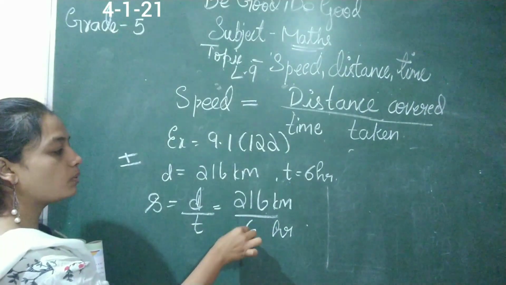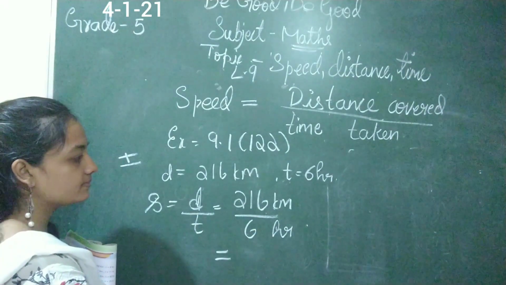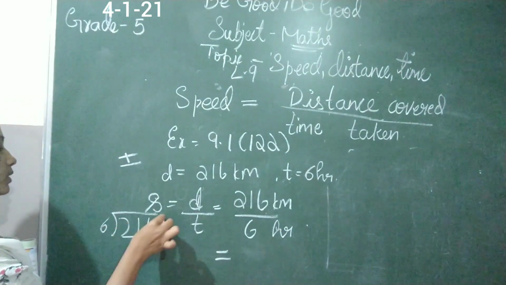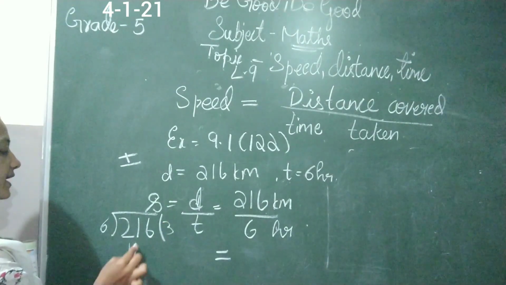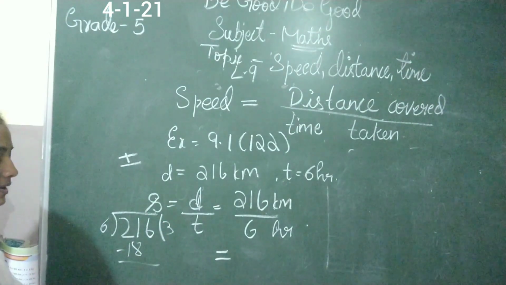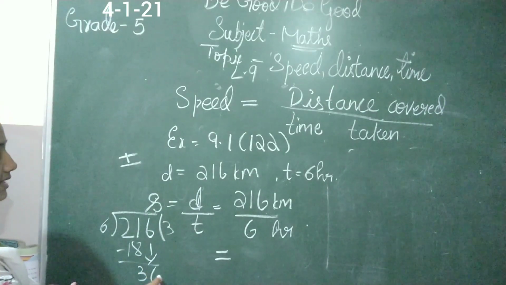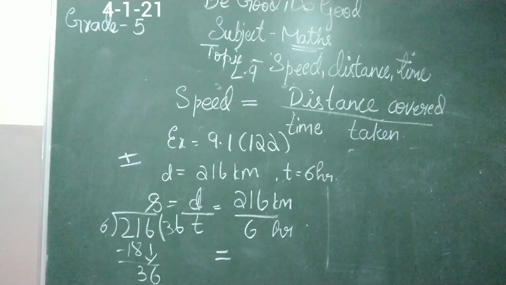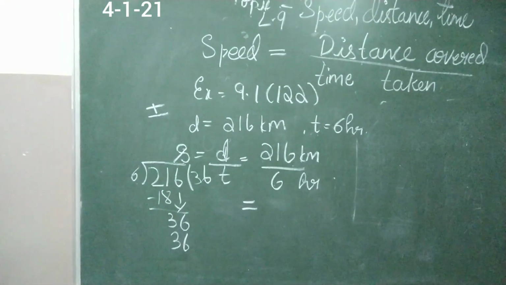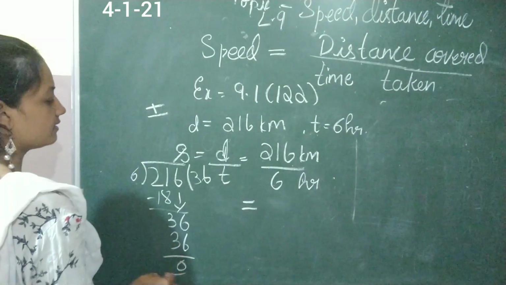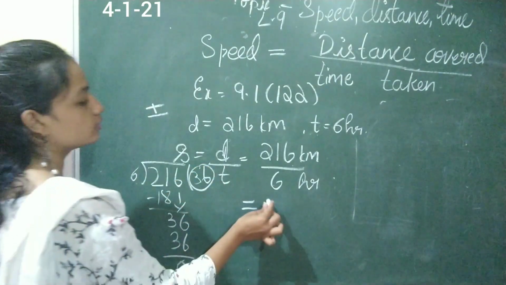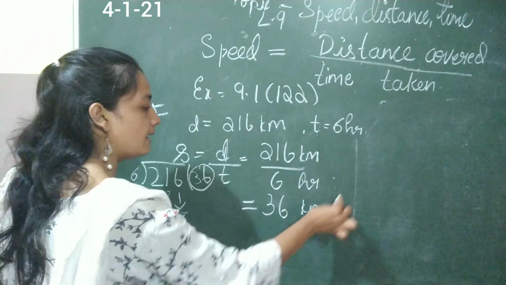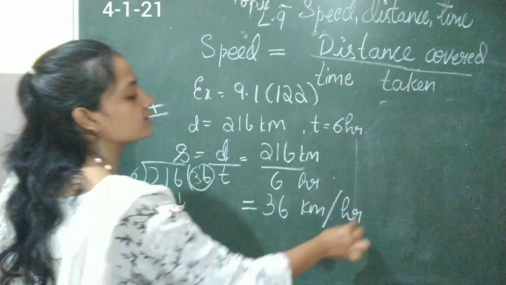You have to divide both. When you divide 216 by 6, what do you get? 6 3s are 18, 19, 20, 21, 6. So it will be 6 6s 36. So my answer is 36. The speed here is 36 kilometers per hour.